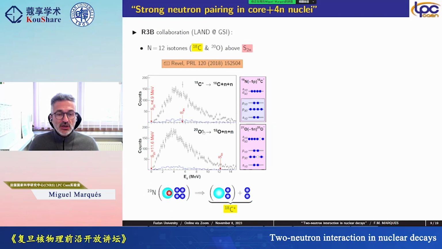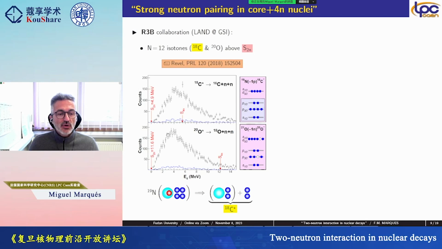And in this case, you have oxygen-21, you remove 1 neutron and you have oxygen-20 that decays into oxygen-18 plus 2 neutrons. So you see here that the separation energies, we are not anymore with halo nuclei. These nuclei are quite bound. Here you have the binding energy of the 2 neutrons is 5 MeV, here almost 12 MeV. And then what we measure is the spectrum above this 2 neutron separation threshold.